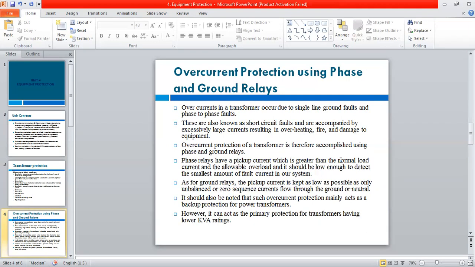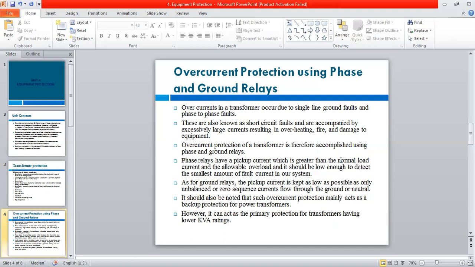Whatever overload on the transformer is allowed, that value is also below the pickup value, and it should be low enough to detect the smallest amount of fault current in our system. If the fault current is small, it should also be detected by the relay.